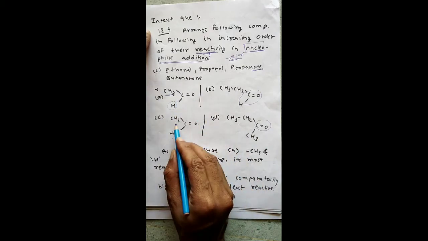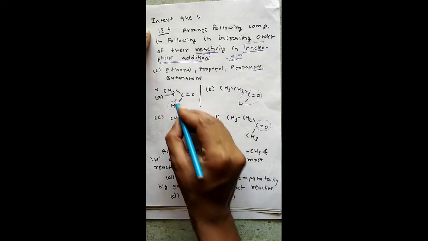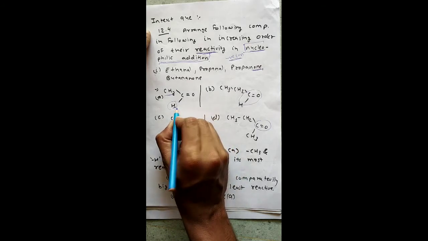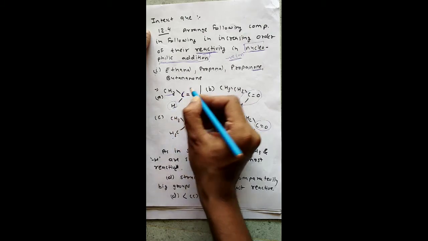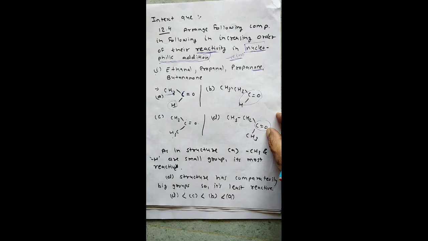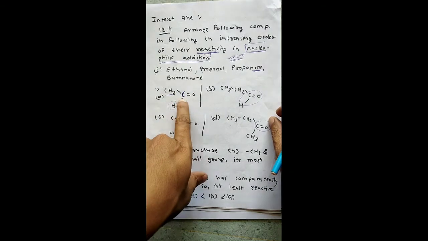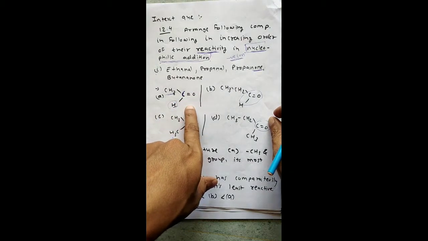Here also CH3 is there, but on the other side we have hydrogen. So this carbon is least hindered, means these two groups are small in size, so they will not interfere with the attack of the nucleophile. So this one is our most reactive compound.